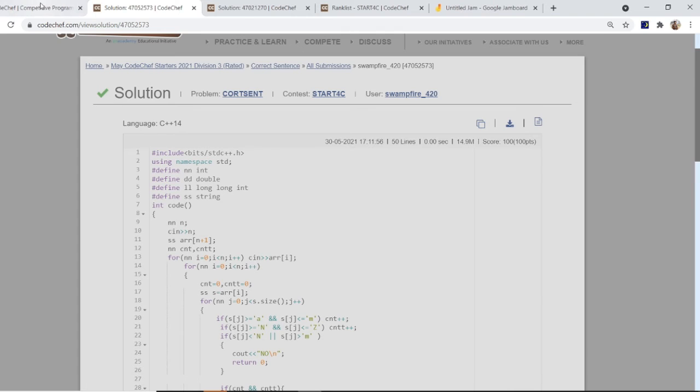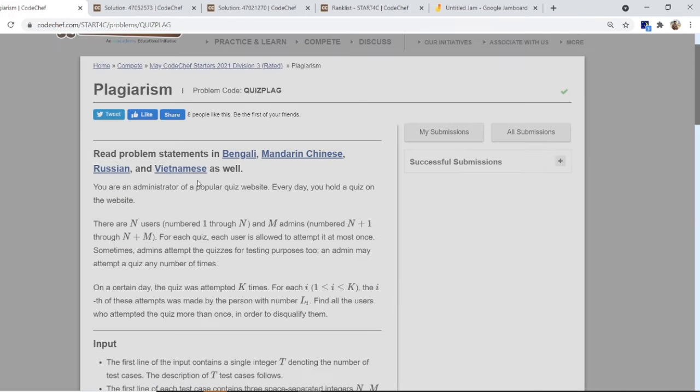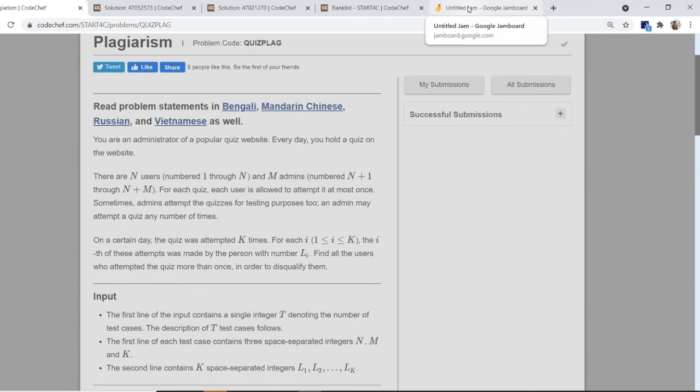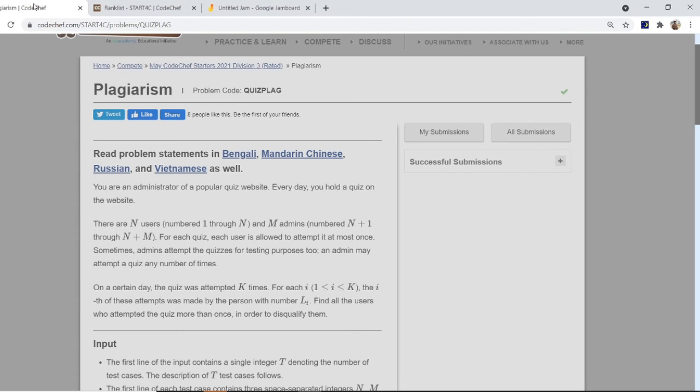Now I'm jumping into the third problem. So this is the logarithm. I'm not going to read the essay here. According to the question, we have 3 values n, m and k. There are a total of n students, that means n users and m authors.